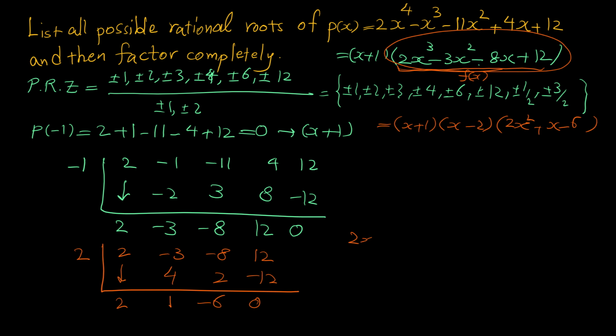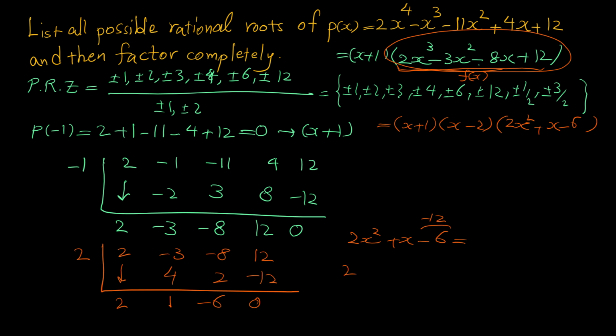For factoring 2x to the 2 plus x minus 6, we multiply 2 by negative 6, which is negative 12. Then we look for two numbers whose product is negative 12 and whose sum is 1, because we have 1x, or x. Two numbers whose product is negative 12 and sum is 1 are 4 and negative 3.